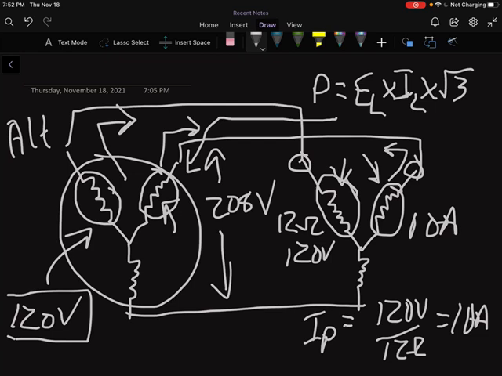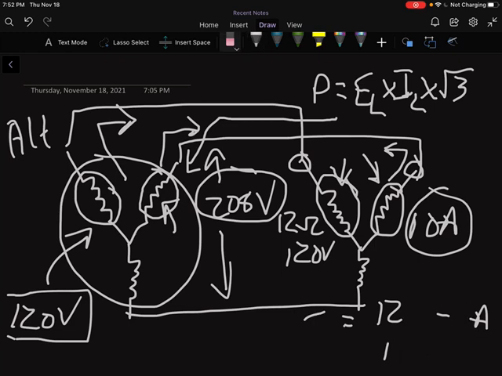So we end up getting 208 volts, which is our line voltage, times 10 amps, times root 3.